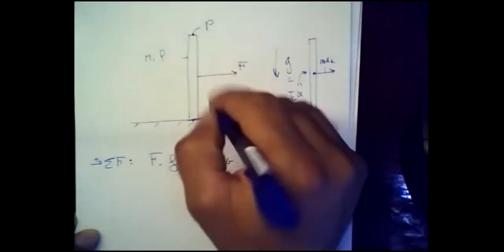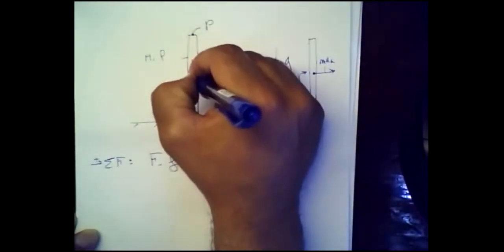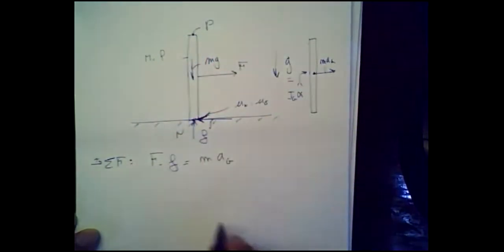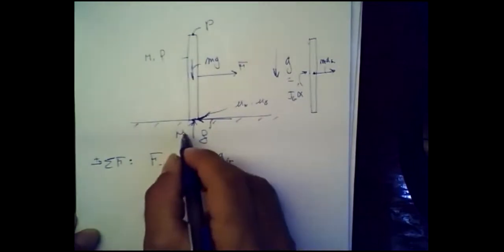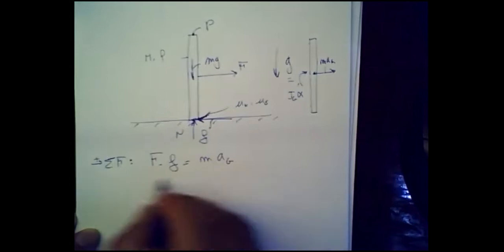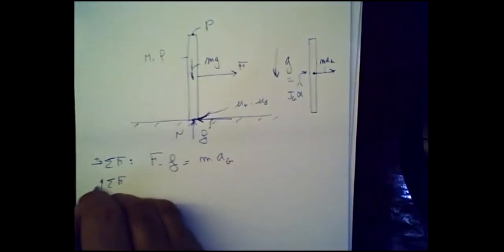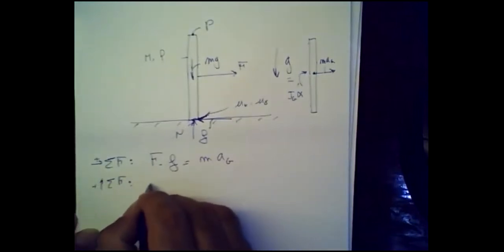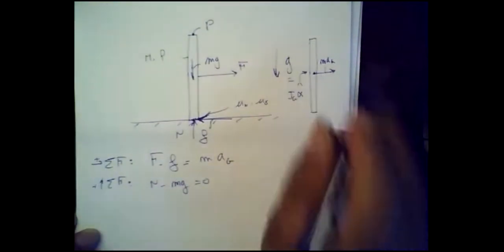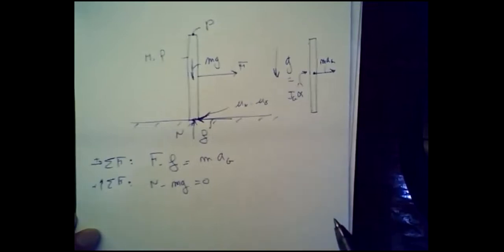I can obviously sum the forces in the vertical direction, but we don't need them because it will just give N equal to mg. But let's just put it there. N minus mg is equal to 0 because we have no acceleration in the vertical direction.